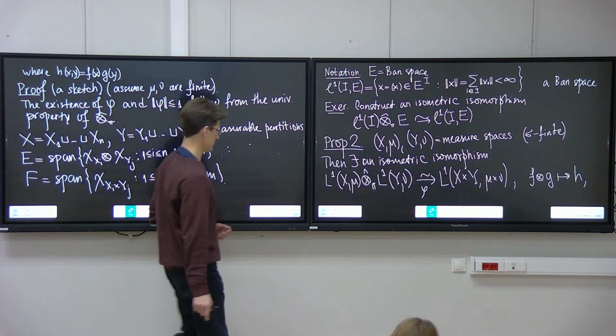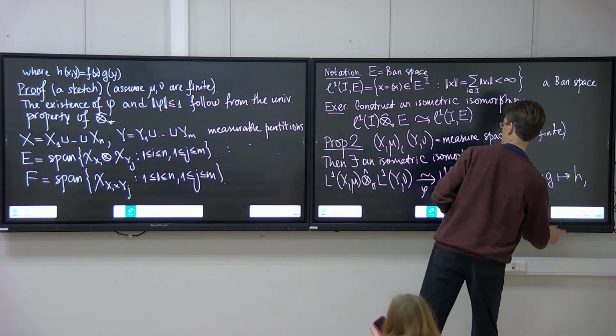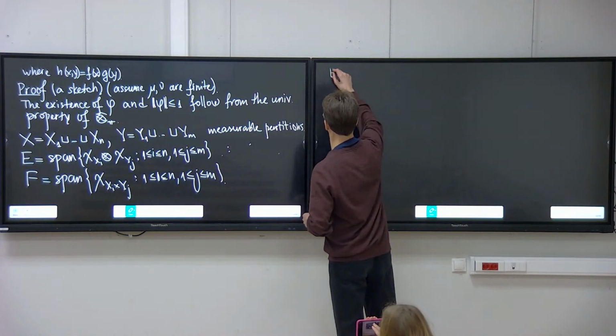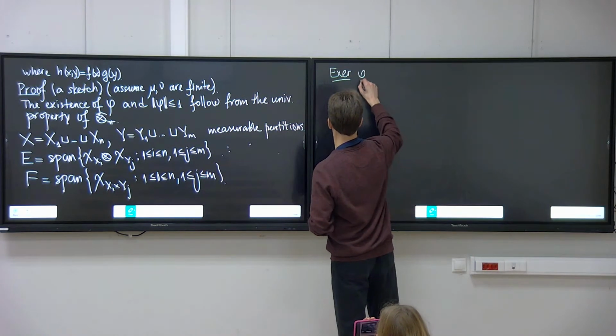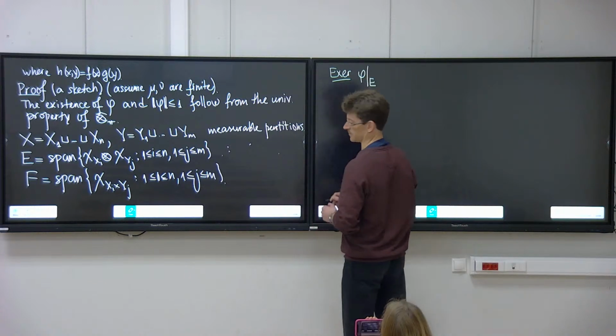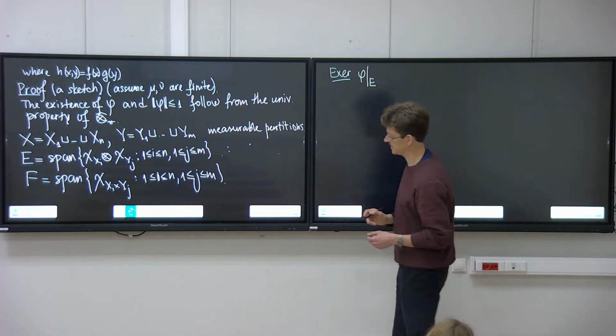And now I claim, and this is an exercise for you, that if we restrict phi to E, what we get is an isometric isomorphism between E and F.